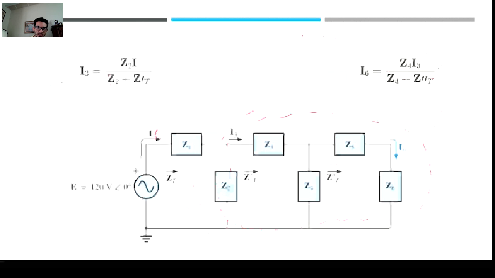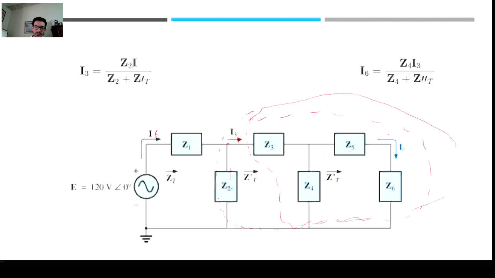And what it's telling us is that to find the current at node 3, we have to know the impedance of element 2, which we should know because it's a passive element, the current from the source, divided by the impedance of the second element and the total impedance of Z prime. Oh sorry, it doesn't take Z2. The total impedance of Z prime is this guy. So Z2 times the current source divided by Z2 plus Z total prime. That will give you current 3.